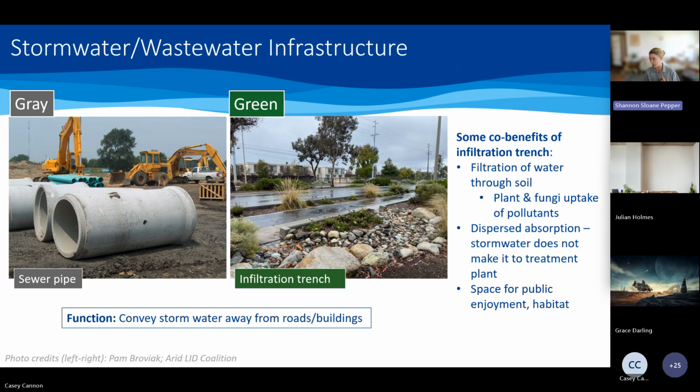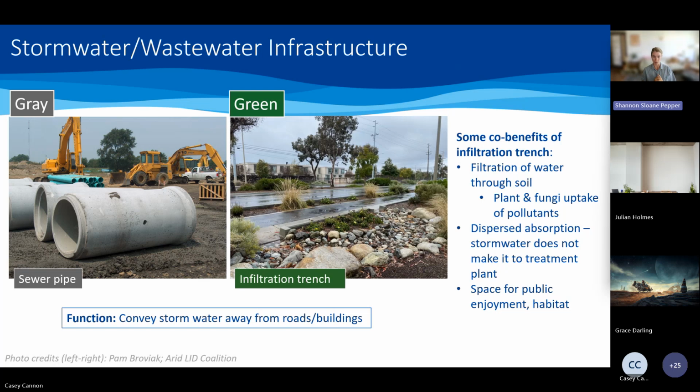That's why I'm really glad to hear Casey talk about that transportation program that's a part of the NCTCOG, because this is a really common place where we see a need for green stormwater infrastructure.